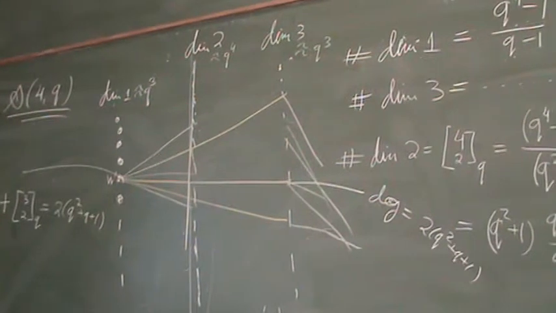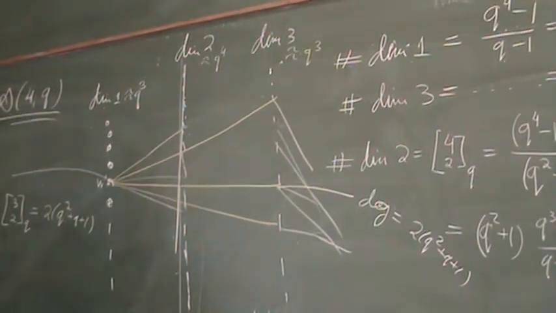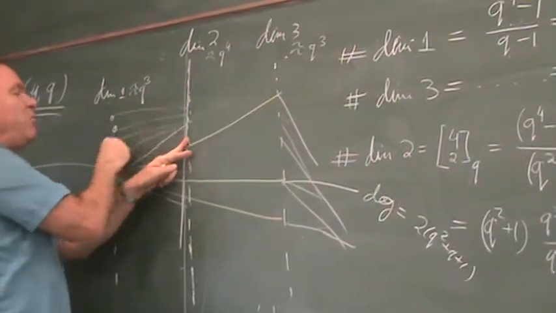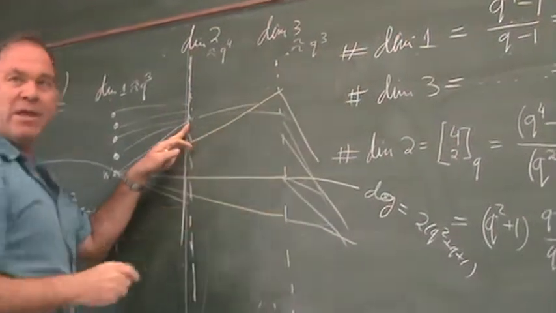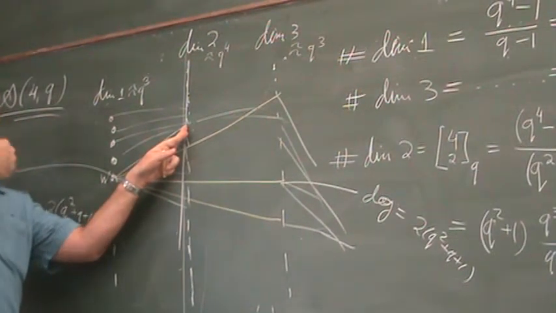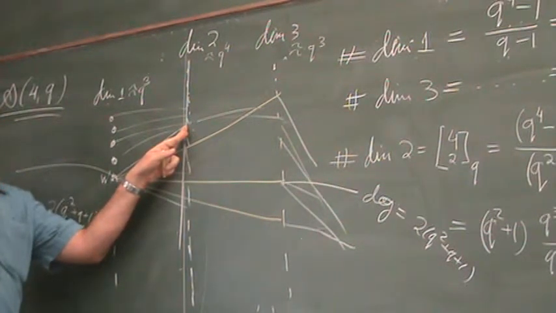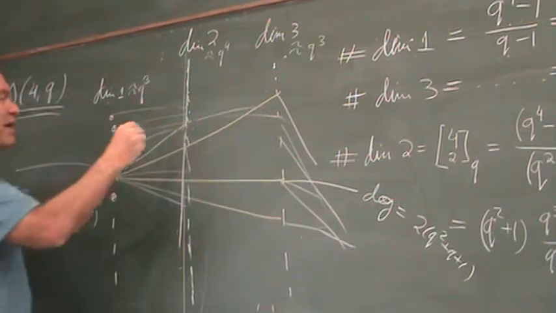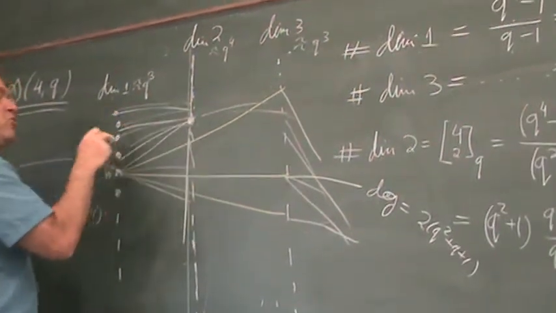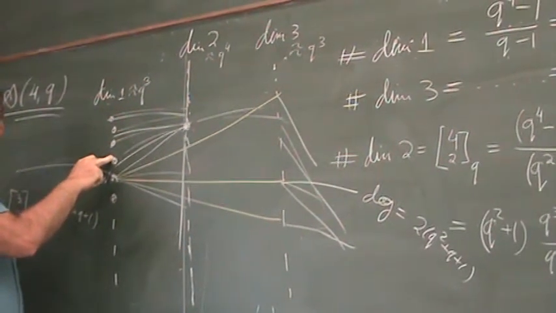You take a subspace of dimension 2, and you ask yourself, how many edges are going from it to this side, and how many are going to that side? The number of edges going from it to the left is the number of subspaces of dimension 1 it contains. So the degree here is Q plus 1, because it contains Q plus 1 of them.